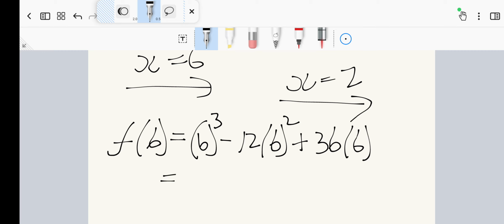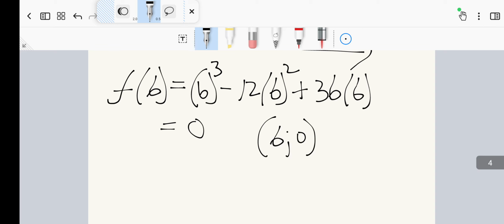Let the calculator do this work for us. And the calculator says 0. Okay, so you should have known that because that point is also your intercept, right? So this one is going to be 6 and 0. That was our x-intercept. Right, then we need the other one, so it's going to be f of 2.